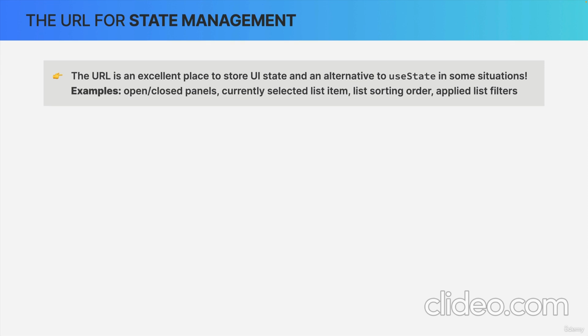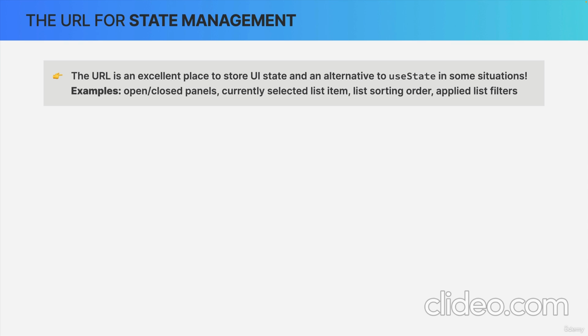And with UI state, I mean state that affects what the UI looks like. So things like an open or close panel, or a currently applied list sorting order or filter. So these examples of state are great candidates to be stored in the URL, and basically to be managed by the URL with React Router.